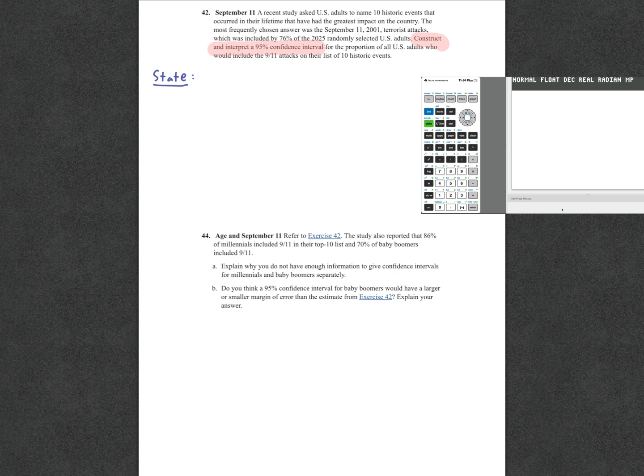So first we'll state they said it was a 95% confidence interval for p.